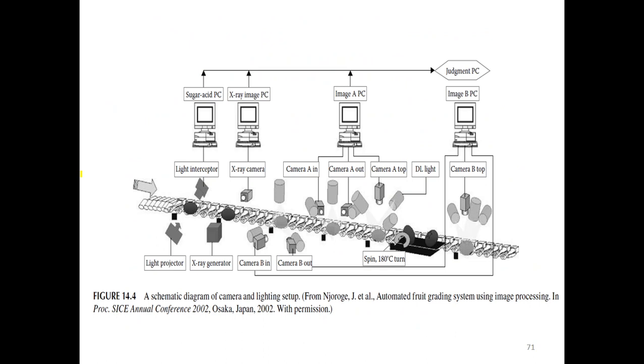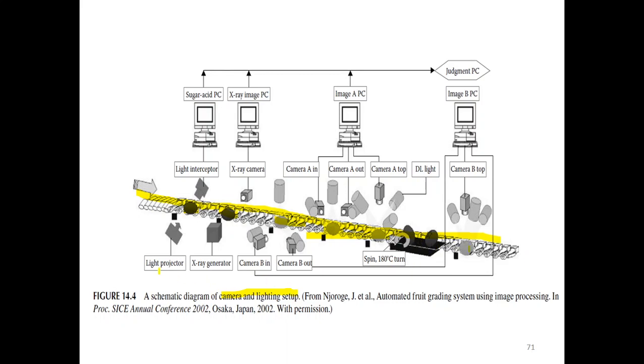Okay, so here is the image of the schematic diagram of the camera and lighting setup. Here is the conveyor, and you will see the fruit on the conveyor transferred by this elevator or conveyor.